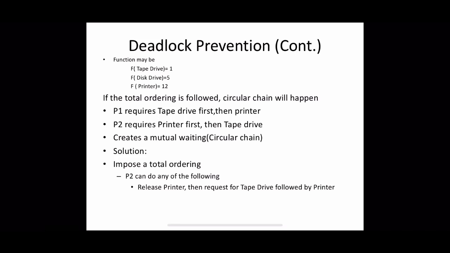Either first request the printer, use it, then release the printer, then request the tape drive followed by the printer if needed. Or else request the tape drive first, then the printer. So whatever may be the case, the mutual waiting or the circular chain will be broken. So this is how we can prevent deadlock using circular wait denial.